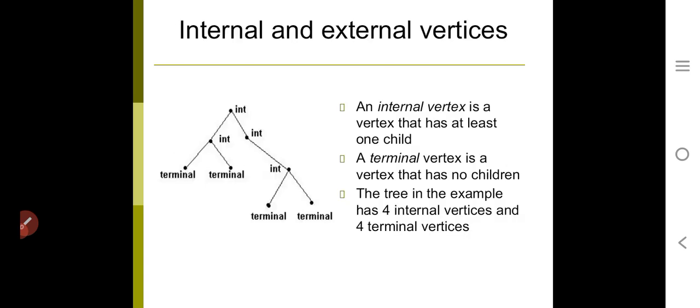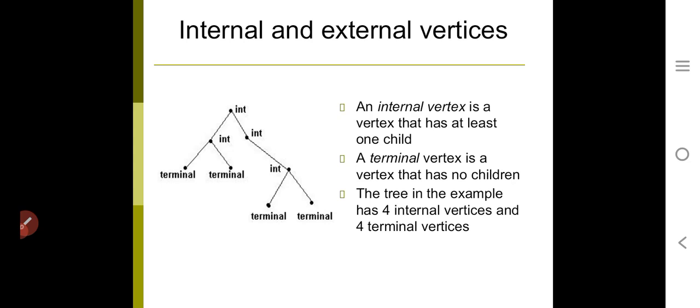Then we see what is an internal vertex and what is an external vertex. An internal vertex has only one child, which means the vertex has a degree of 2.